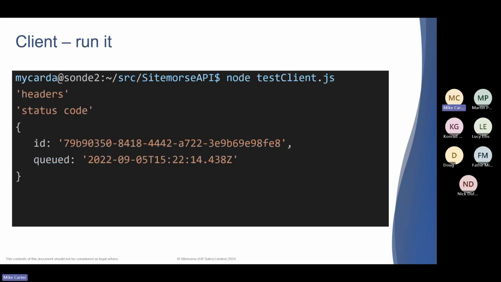I've used Node on my test client, and what Sitemorse responds with is the ID, which is the ID you use if you've not got your callback server, so you can say, is it ready yet? And also the time at which it was queued. And that's all you get back when you initiate a test.